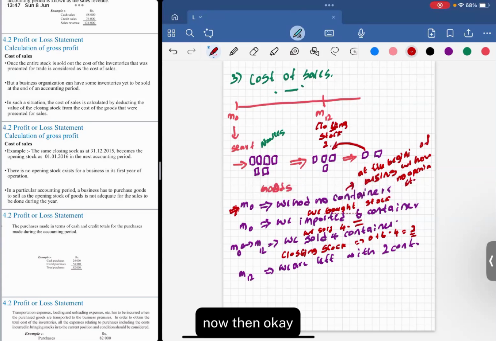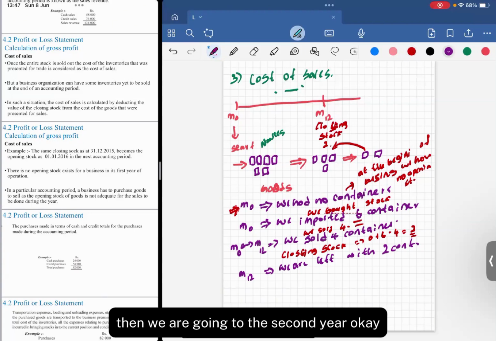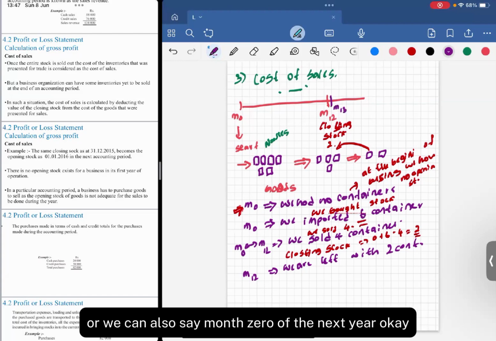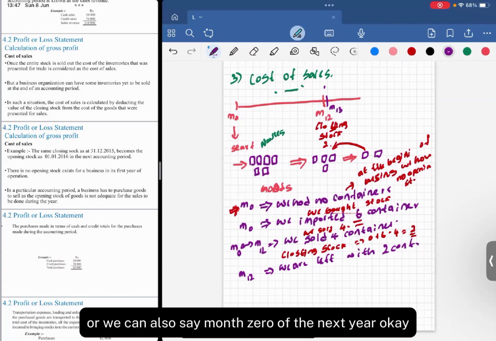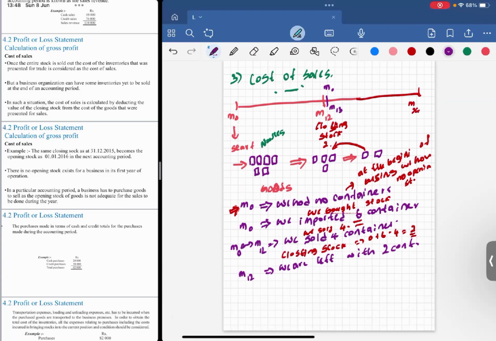Now the first year is over. Then we are going to the second year, that is basically month 13, or we can also say month 0 of the next year, and it will go up to month 24, or we can say month 12.